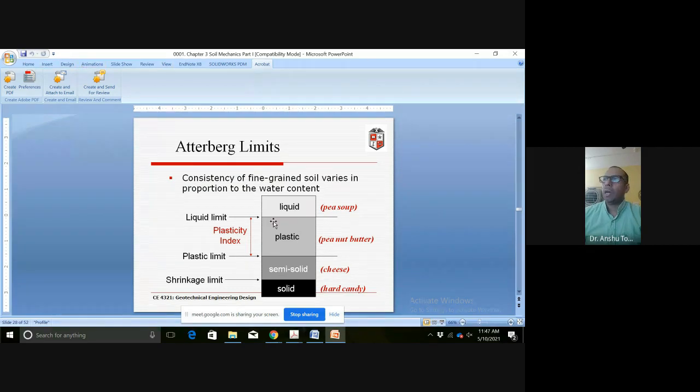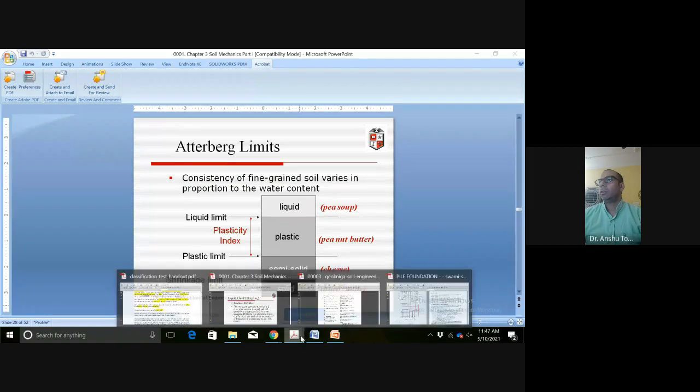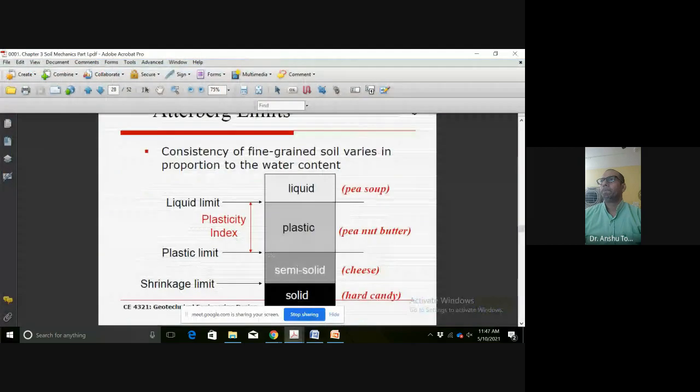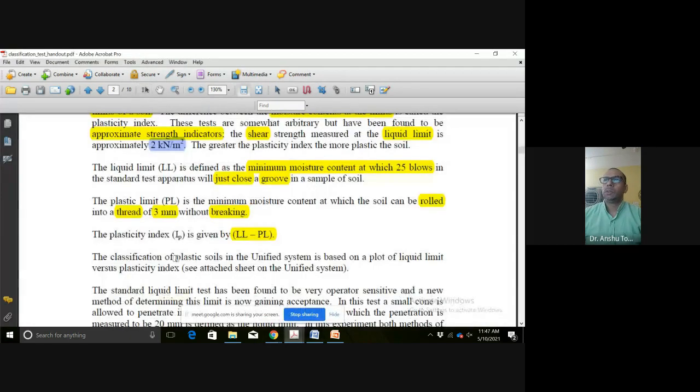I will mark an arrow. So it is shifting when it ceases to break into two parts, that 3 mm thread. But we will take its limit as plastic limit.